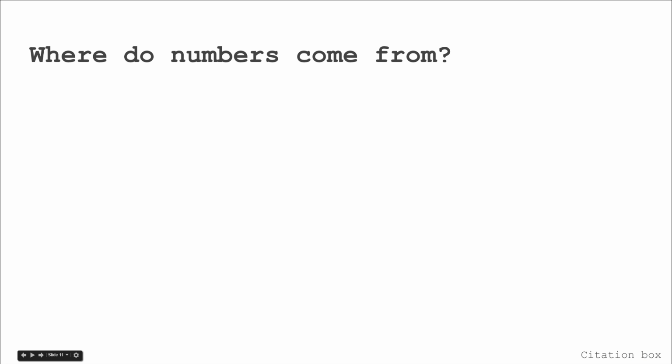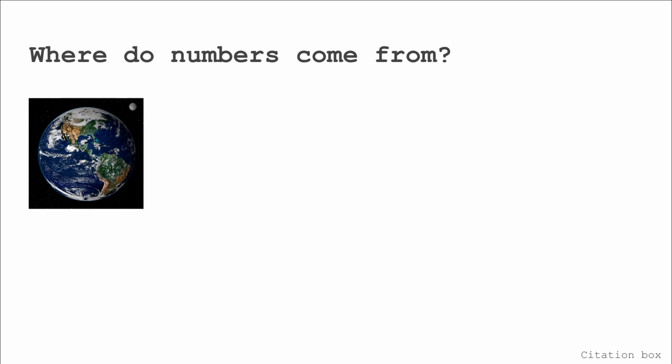Which brings us to the next question. Where do these numbers come from? Or where do numbers come from in general? And the answer is nature. They come from the natural world, and we measure them. There's some philosophical discussion about whether the natural world is in fact all numbers all the way down to the bottom.